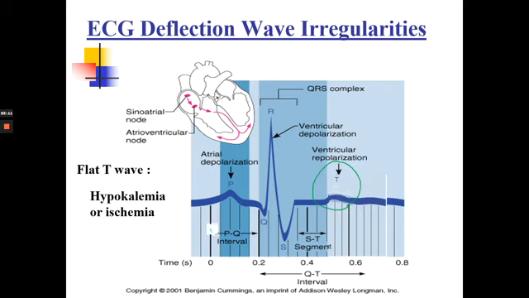You remember in case of ischemia, you will have either a depressed ST segment like this, or an elevated ST segment like this. So this is the ST segment. Mainly when you look at ischemia, you look at the ST segment, either depressed or elevated.